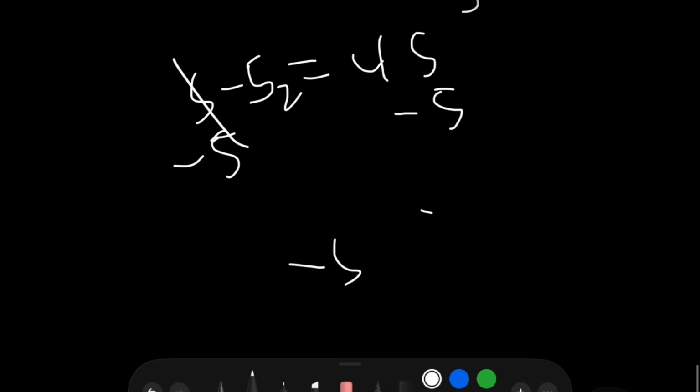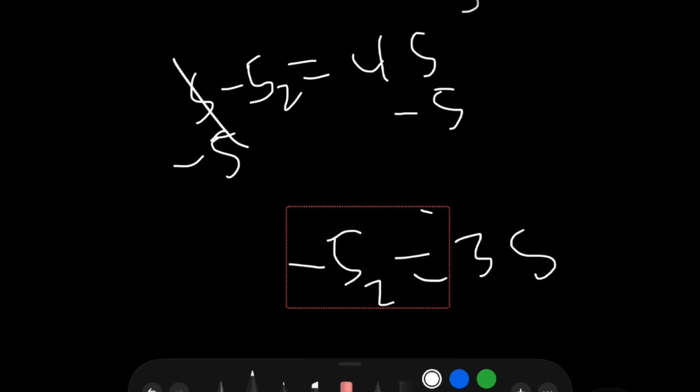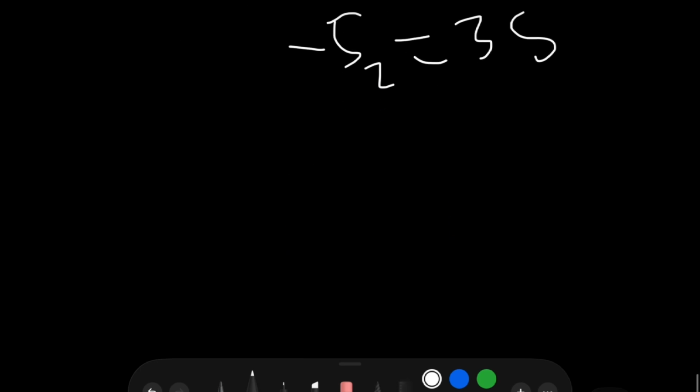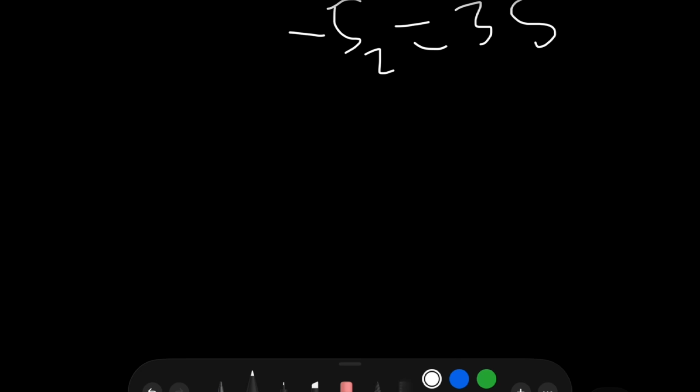And we get negative S2 is 3S. And we know what S2 is. It's 1/4. So we know what negative S2 is.